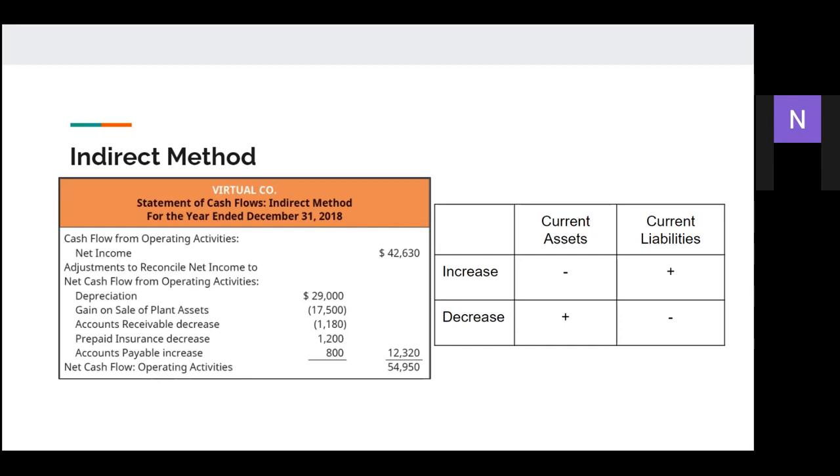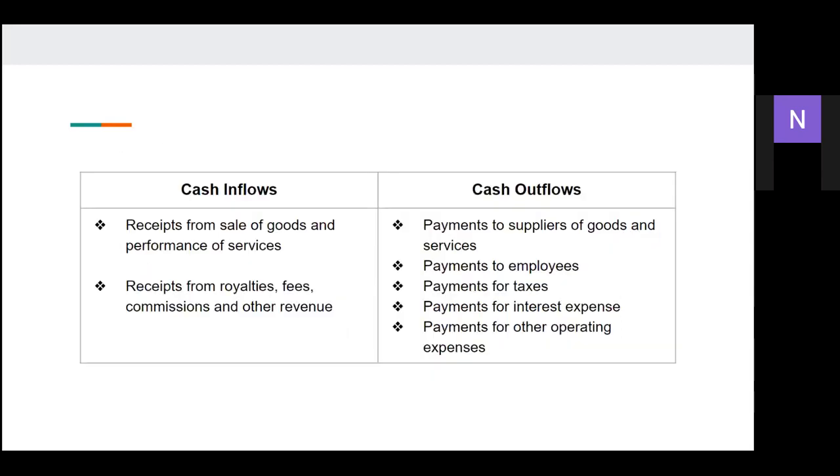So, sa next slide, makikita natin yung mga major classes of operating cash flows using the direct method. Andyan yung sa cash inflows, receipts from sales of goods and performance of services. Next is the receipts from royalties, fees, commissions, and other revenue.